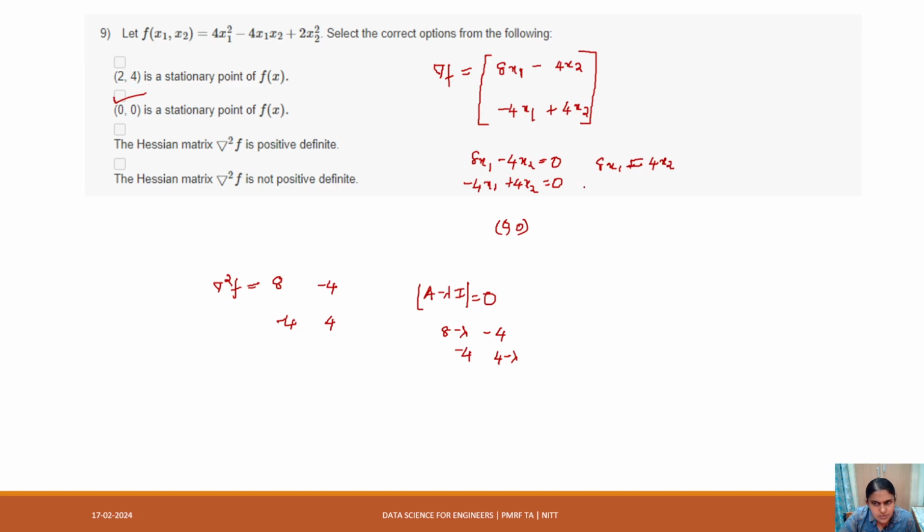So 8x1 equal to 4x2, right? So x1 will be x2 by 2, right? Yes, ma'am. So in case x1 equal to 2, then x2 will be 2x1, that will be 4. So this is also an answer.